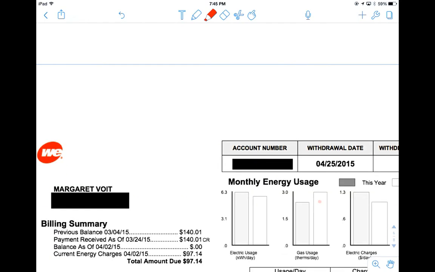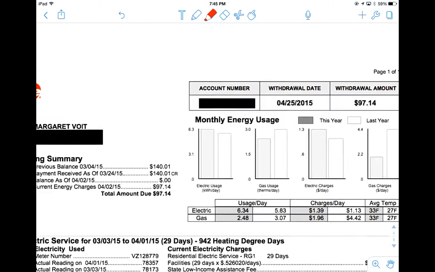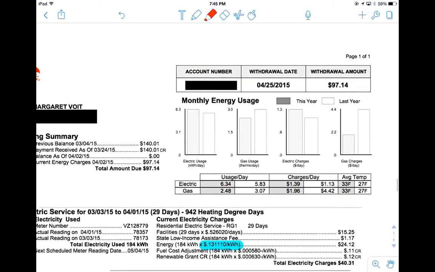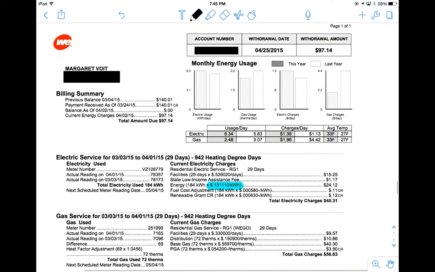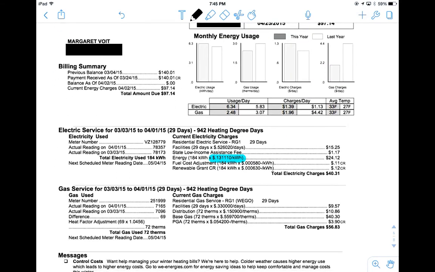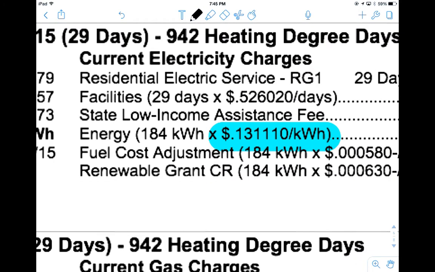All right, so let's talk about how much a kilowatt hour actually costs. This is my most recent bill from We Energies. When we look at what I had to buy for my house, you'll see that they have our rates on here. They charge me based on the number of kilowatt hours that I use.